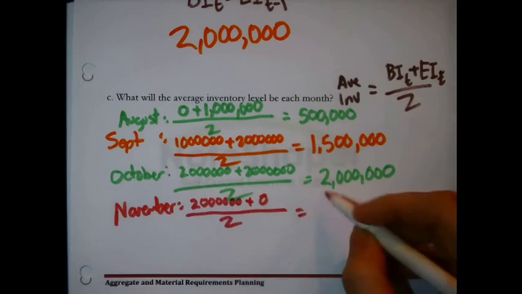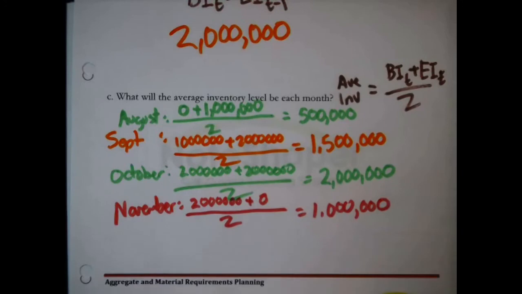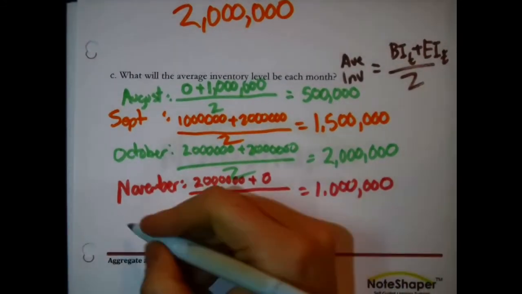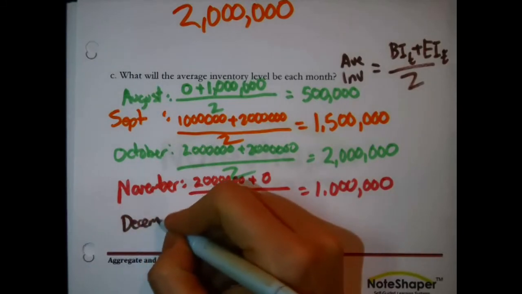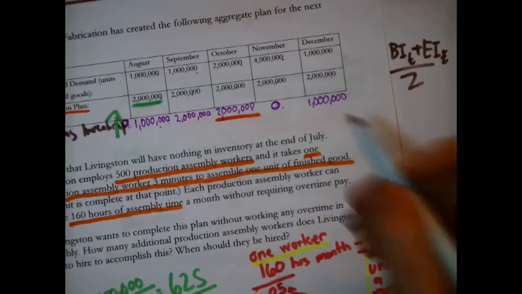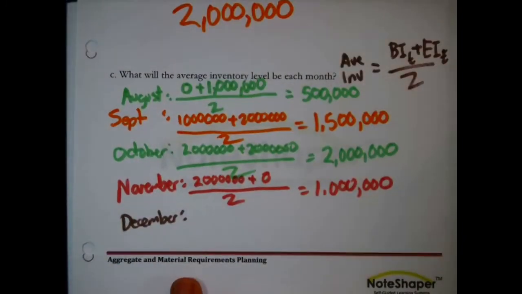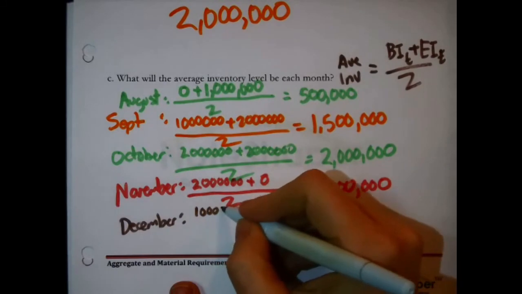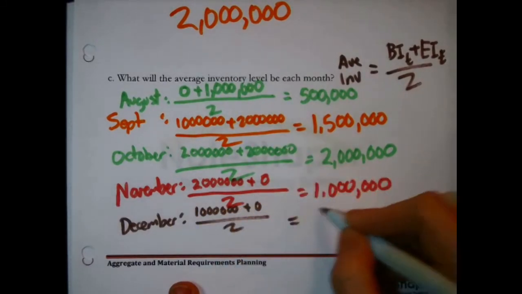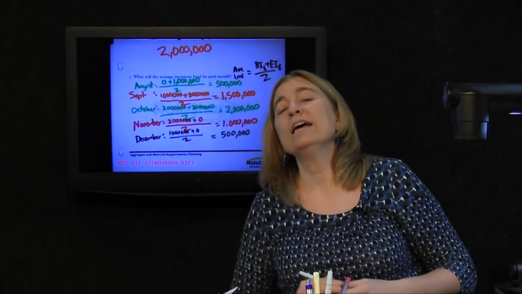Average inventory is 1 million. And then finally, December. They start with nothing and they end with 1 million. 1 million plus nothing divided by 2. We are back down to an average inventory of 500,000 in December.